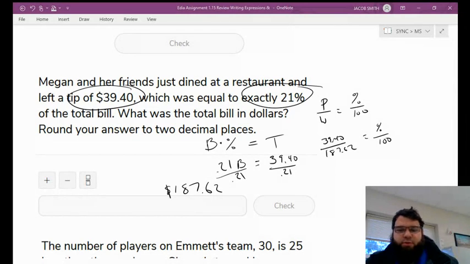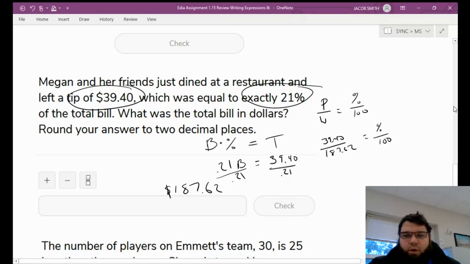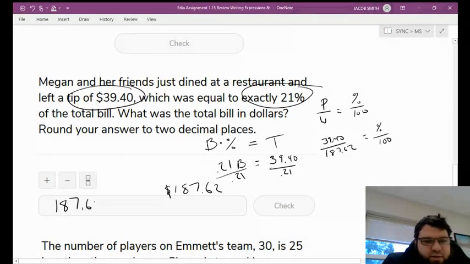All right, so 39.40 divided by 187.62, and that does give us 20.99%, but we rounded, so that's acceptable. We would expect there to be a rounding error, right? So that is correct. So then our total bill for this one was 187.62.